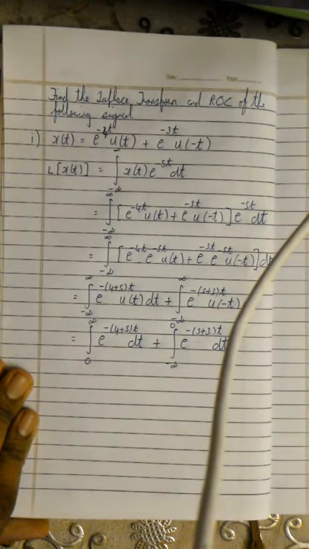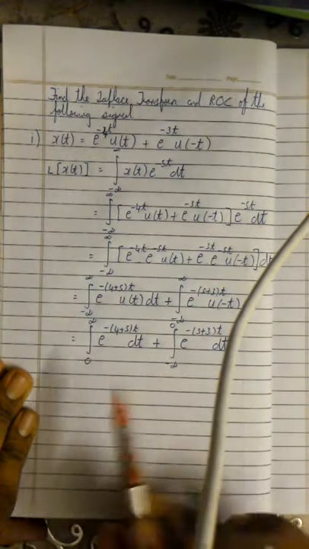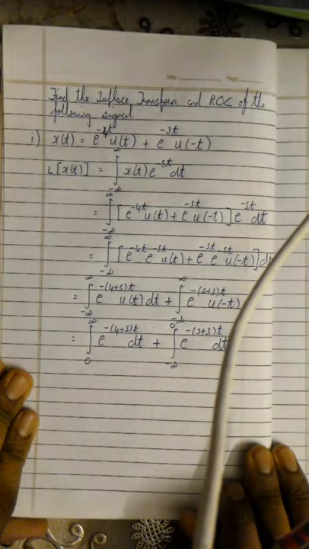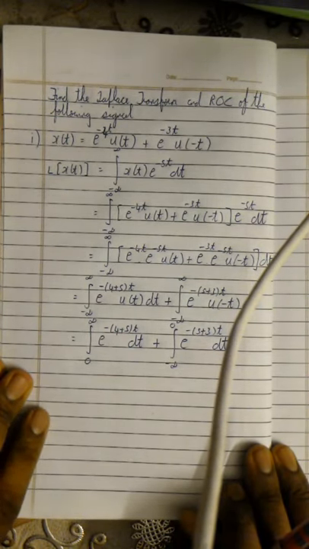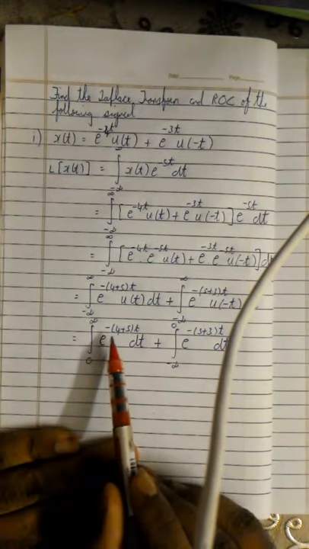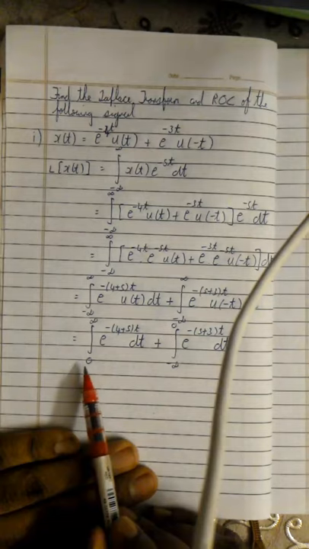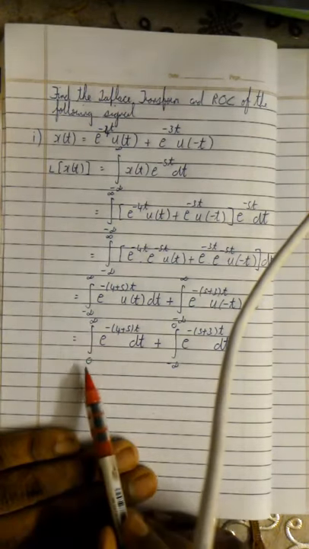Okay, so here as you can see there are two terms to find the ROC, the first term and the second term. These two terms have separate regions of convergence. Like I said before, if you want to find the region of convergence, the power of the exponential must be negative. If you look at the power of this expression here, t is positive, the value is from 0 to infinity, so all are positive values.